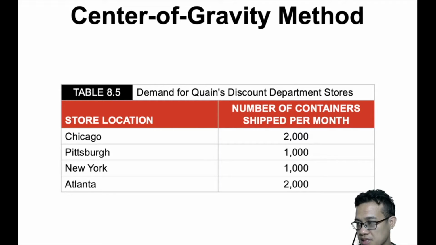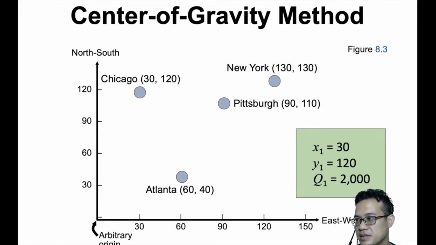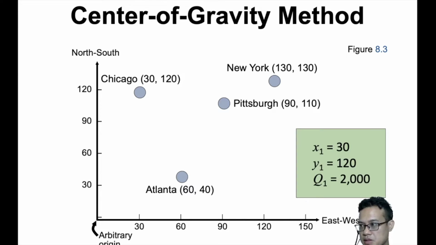Now we have the store locations. Chicago, number of containers shipped per month is 2,000. Pittsburgh, 1,000. New York, 1,000. And Atlanta, 2,000. Now this is the center of gravity method. Usually they will provide you the map or the coordinates of each location.